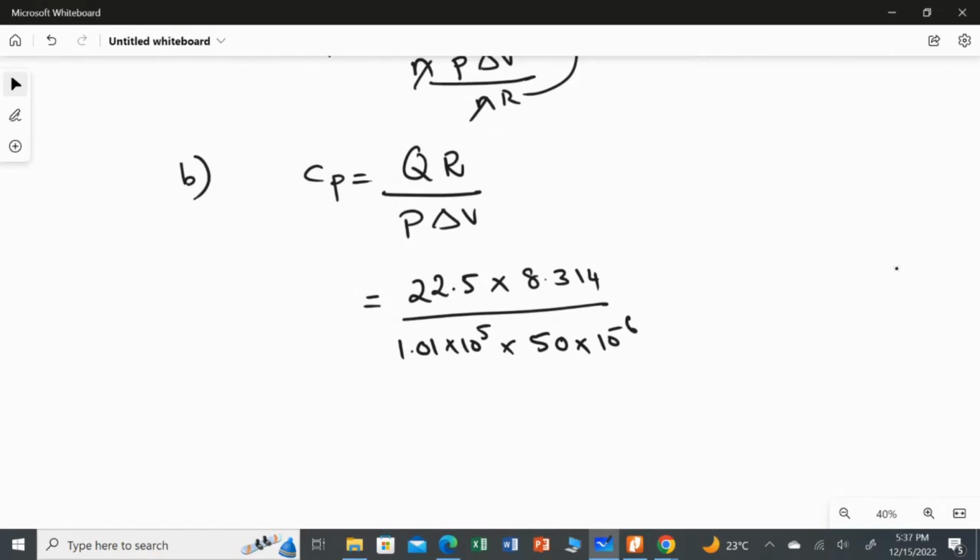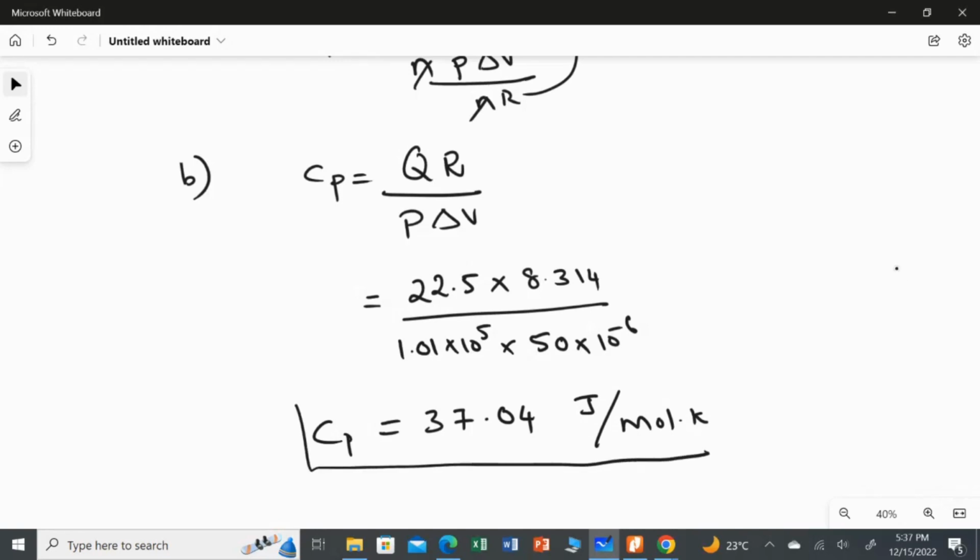Now, if you multiply both top and bottom and divide, you will get the answer for Cp. Once you substitute the values, multiply top and bottom, I got the answer as 37.04. And what should be the unit? The unit here is joules per mole Kelvin. So this is the answer for the second question, right?